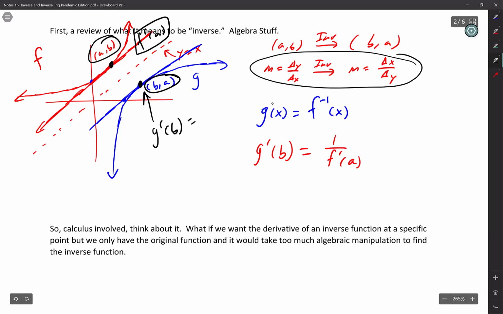Take a couple seconds to group those thoughts, guys. Take it all in. Look what we just said. The slope of the original is change in y divided by change in x. The slope of the inverse is just the reciprocal of that, change in x divided by change in y. 1 over whatever means reciprocal.